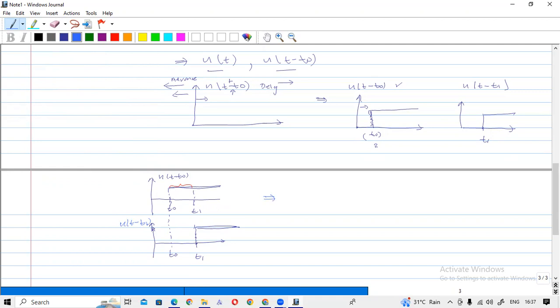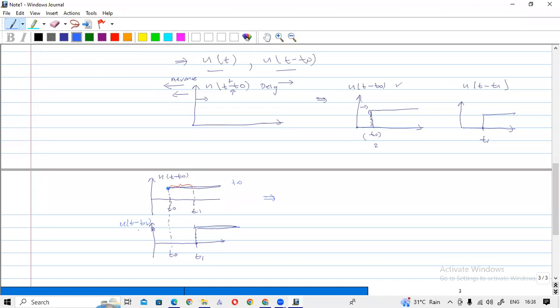In this function you have values from here to here. The first function, u(t - t naught), has values from here up to plus infinity.